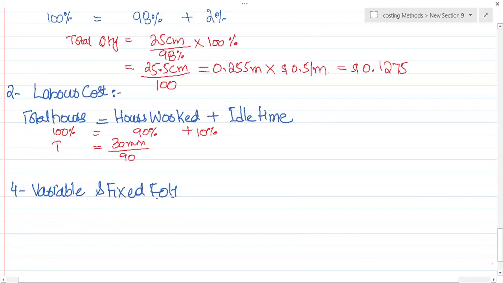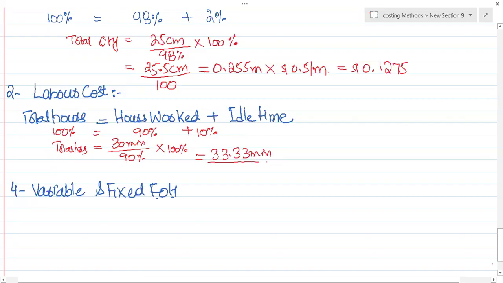I will find out my total hours, multiply by 100. So I will get 33.33 minutes.